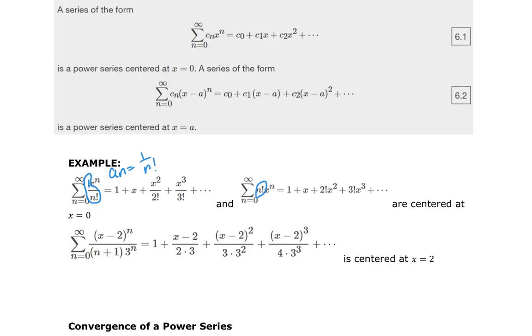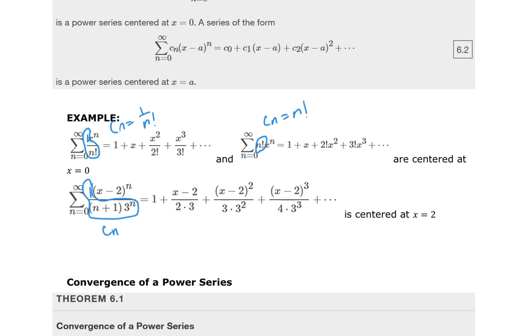We're using c here, so I'll be consistent and use c sub n, and for the other one c sub n is equal to n factorial. And this last one is centered at 2 because I have the structure of x minus a raised to the n, so this is centered at 2.